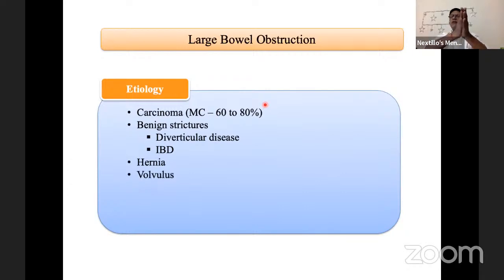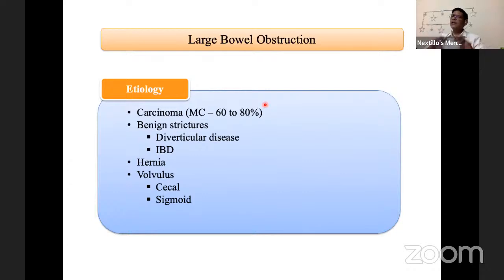Volvulus is technically the rotation of the intestine on its axis, so that the intestine becomes rotated and ultimately obstructed at points. Volvulus may precipitate in the cecum. It may be seen with the sigmoid colon. Sigmoid volvulus is the most common volvulus amongst all.